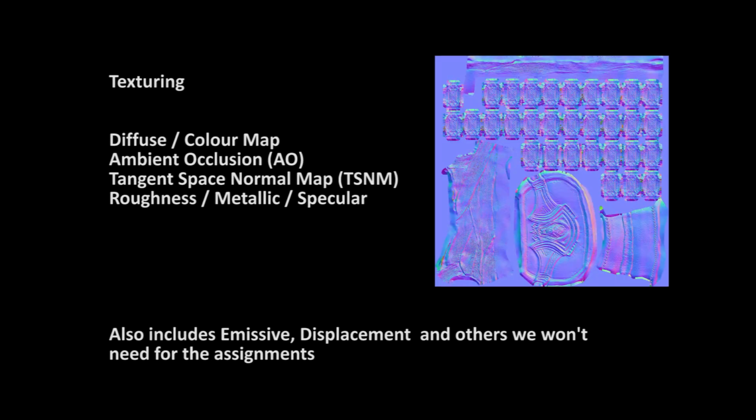Tangent space normal map. So there are a couple of different types of normal maps. We will be looking at tangent space in these examples. The other main one is an object space normal map. The tangent space ones, just to know them by looking at them quickly, have a bluey purple tinge. And the object space normal maps are often more of a wider variety of colors.